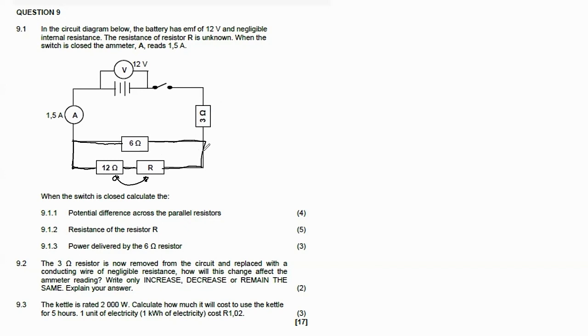But that's not the only method we can use to calculate the potential difference across here. We do know of a formula that says the voltage in the total circuit or the external circuit is equal to the voltage of the parallel plus the voltage of the series.